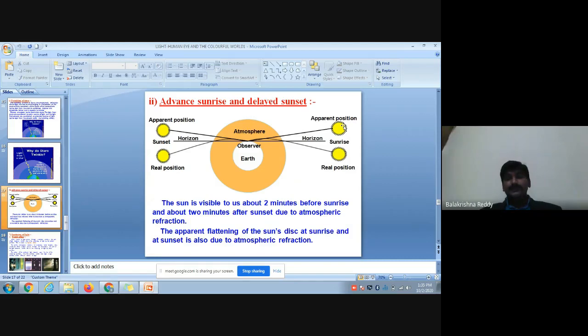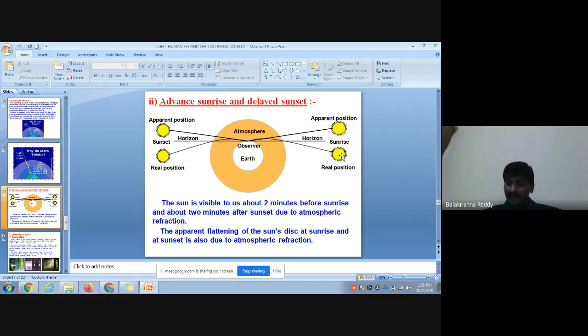Now, in that case, when the sun is rising, the actual sun rising position is here. The sun rises at 6 o'clock, but at 5:58 or 5:55 the sun already appears at this position. The actual sunrise time is 6 o'clock. Why does it happen like that?